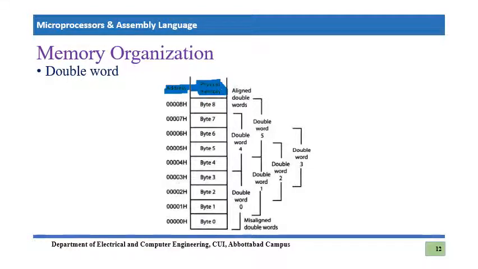Again, we are using just random words: byte 0, byte 1, byte 2, byte 3, byte 4, byte 5, and so on. So, in case of double word, we need to consider 4 different locations. We can't consider 2 bytes. We have to consider 4 different bytes. So, let's consider we are talking about this word.